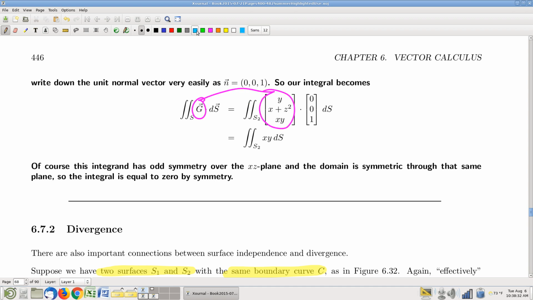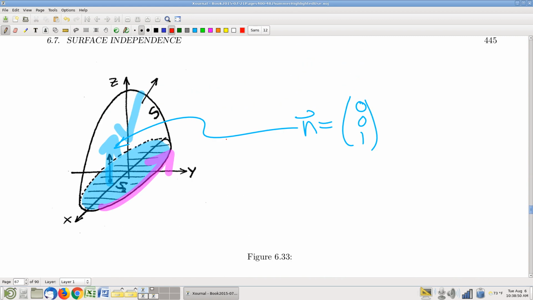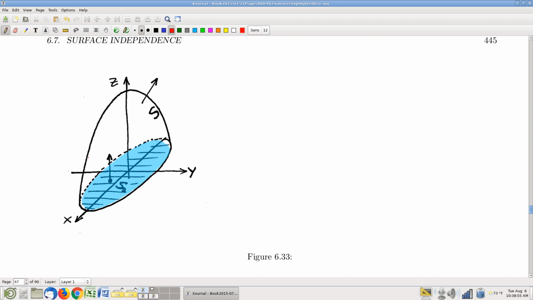But our normal vector now, being 0, 0, 1, the only part of that I actually care about is the part that doesn't get multiplied by 0. And so the whole thing reduces to computing a double integral of xy over this flat surface down here.